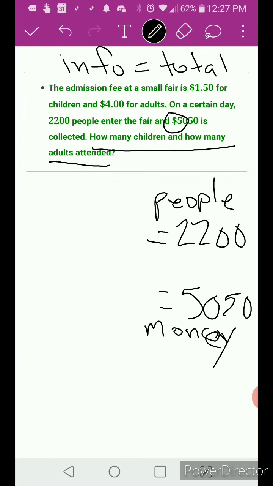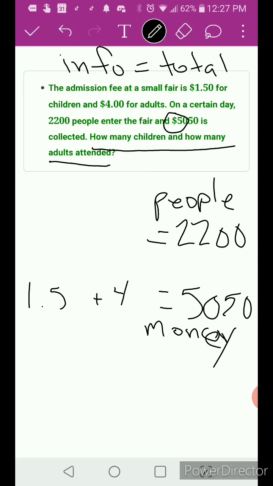Well, the money part is nicest to identify because it just flat out tells us that for every child, I have $1.50, and because we're making a total, we're going to be adding these together. And for every adult I have, I'm going to have $4. Well, what are my variables? Again, I look to my last line.